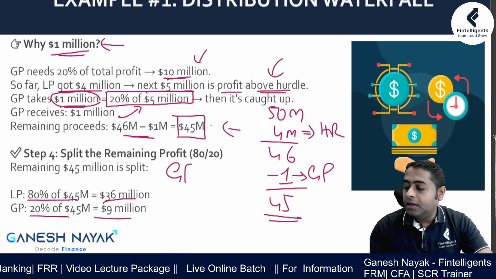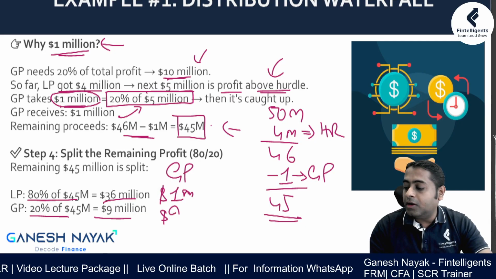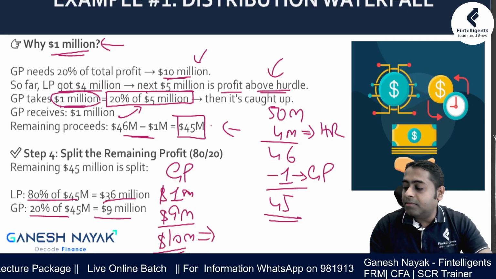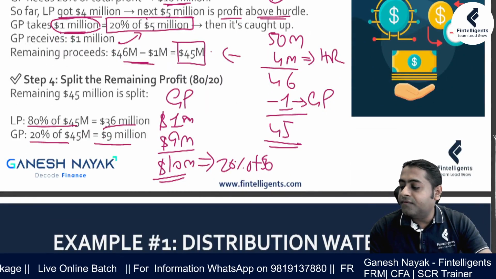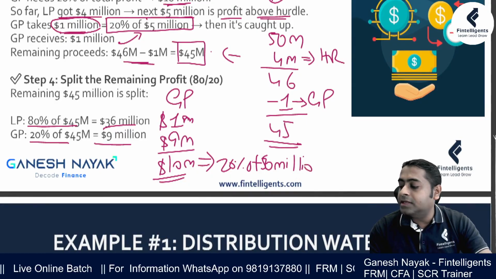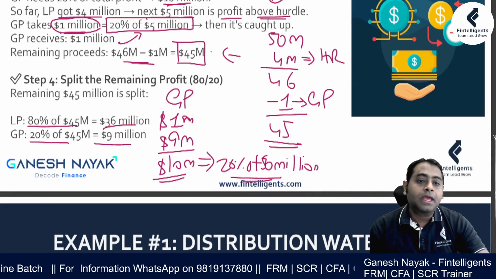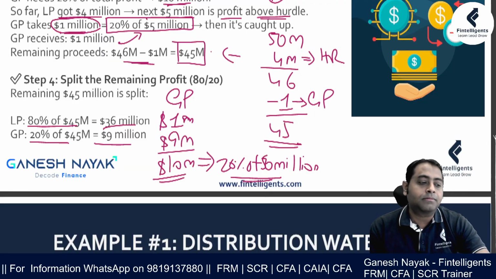The GP has made first $1 million and then $9 million. Do you realize GP has made the same $10 million, which is nothing but 20% of the $50 million. But the only thing is, I have not given this entire $10 million to him in one go. I have told him that you take $1 million first, then the remaining $9 million will come.